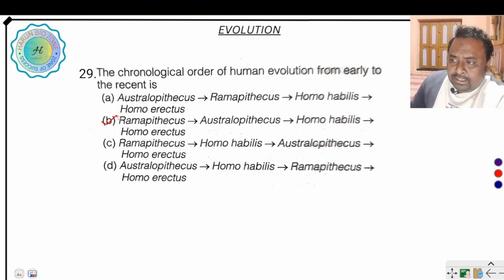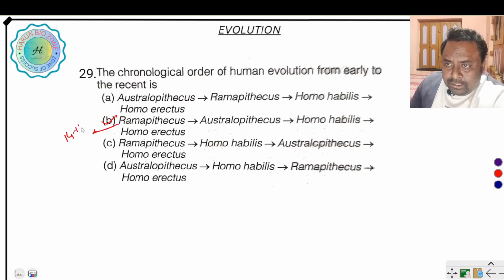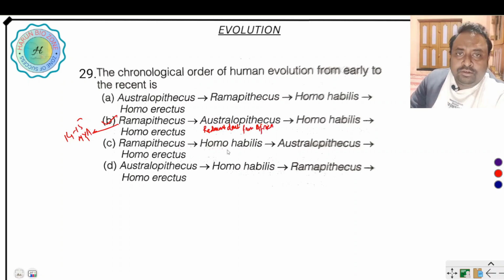This is the correct sequence. Ramapithecus is discovered from Africa 14 to 15 million years ago. Then Australopithecus, Raymond Dart discovered it from Africa. Homo habilis and Homo erectus, that is called Java man or Peking man, discovered from Java.